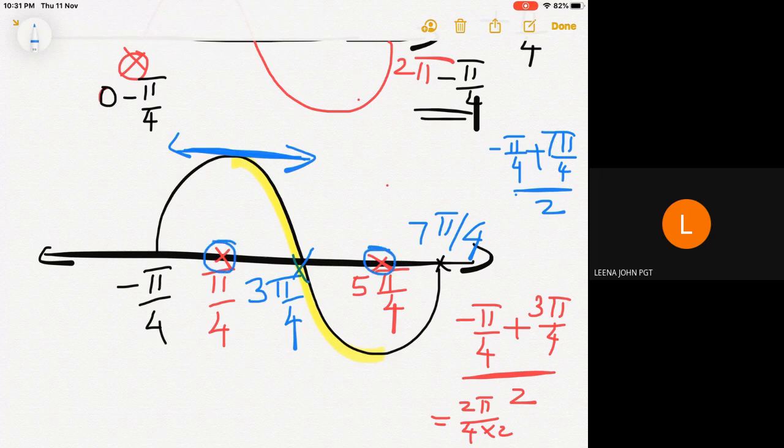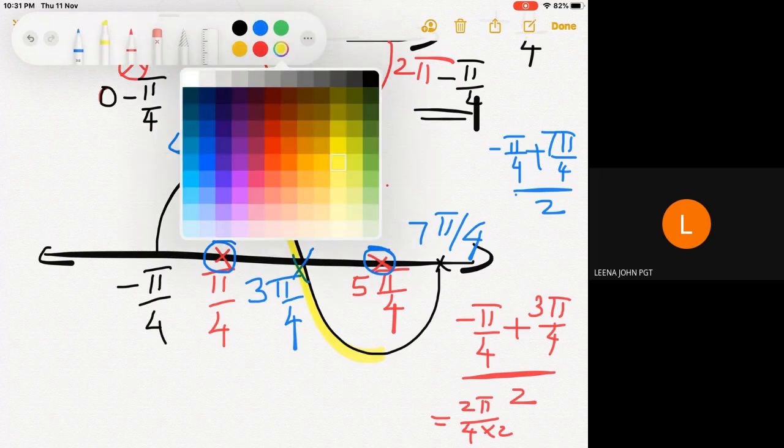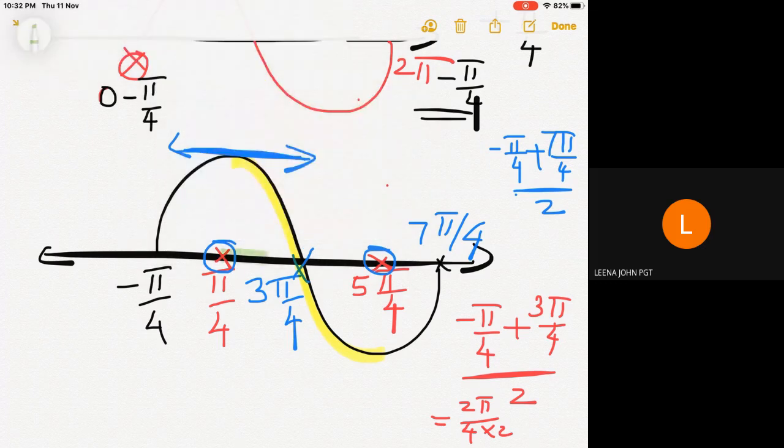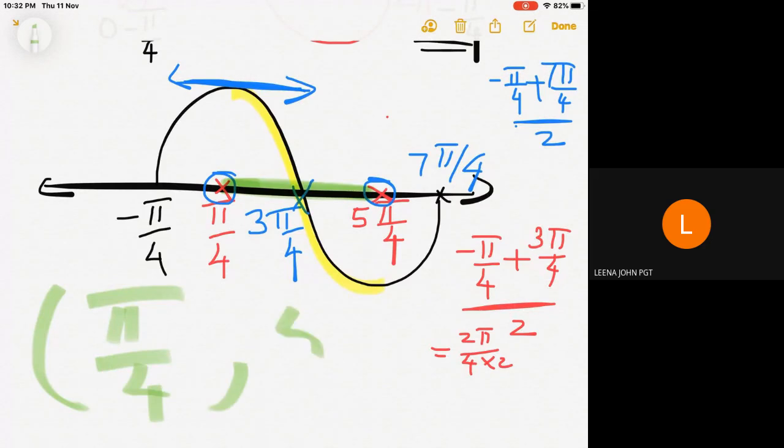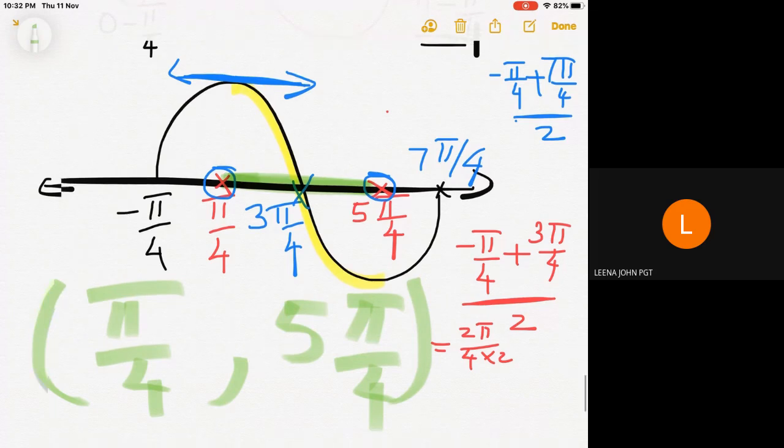And the strictly increasing interval is this, from pi by 4 to 5 pi by 4. I feel this is easier for you than drawing the curve.